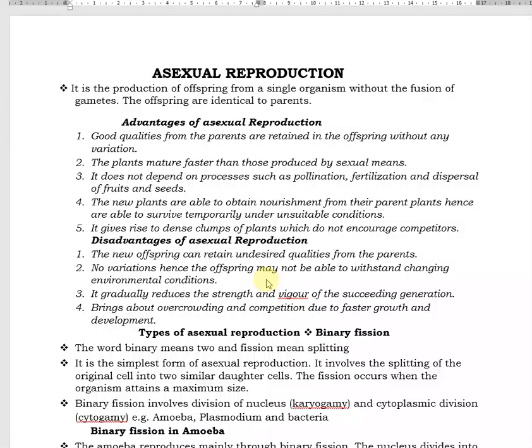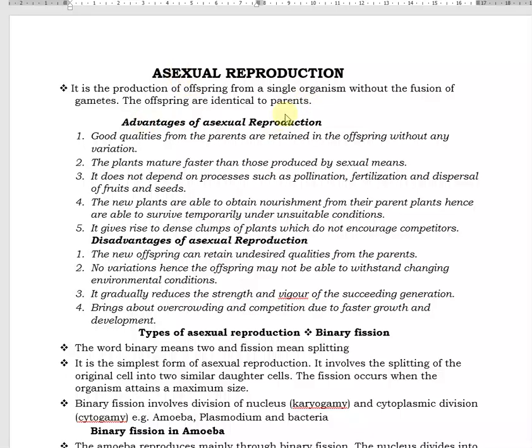Asexual reproduction is the production of offspring from a single organism without the fusion of gametes. So here there is no fusion of gametes. Remember, gametes are the sperms and ovum. The offspring are identical to the parents.